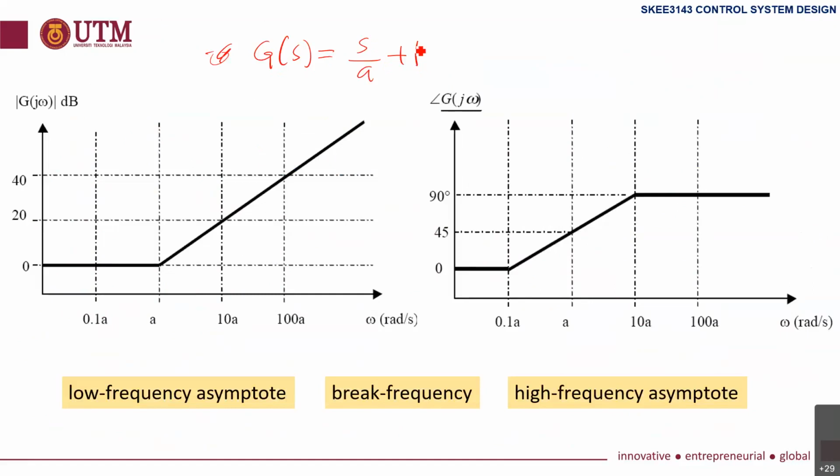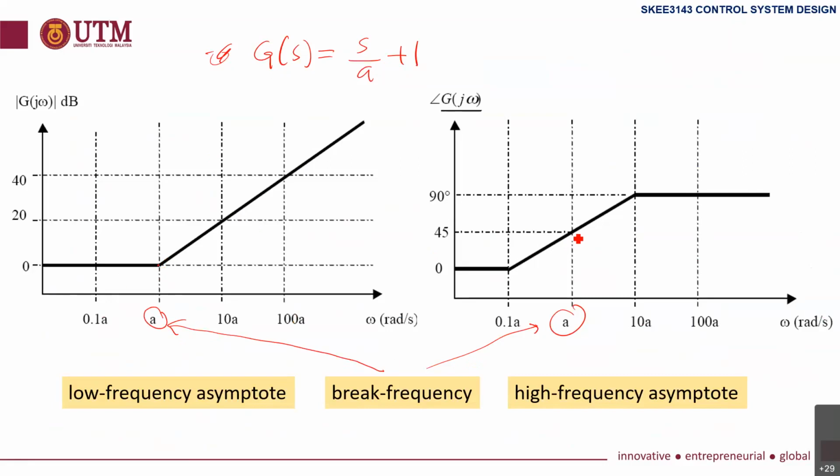Because we want to see a few important points. First, A. A is the point where from 0 it starts to go up. A in this case is called the break frequency, the point where it breaks from 0, then goes up.